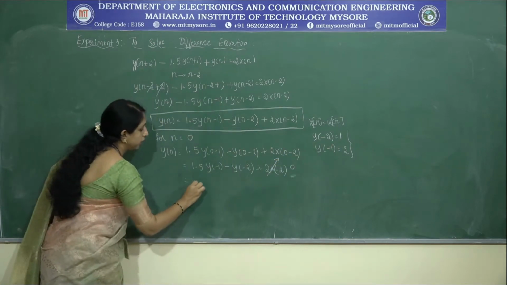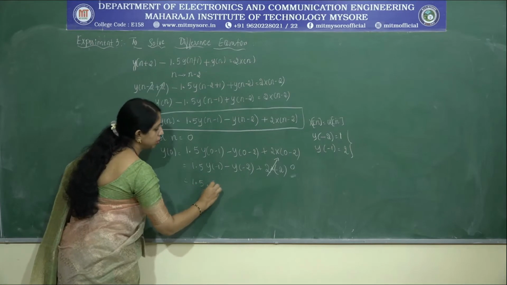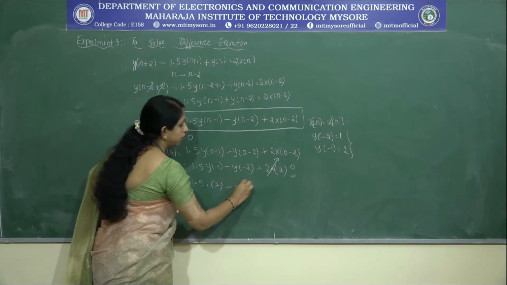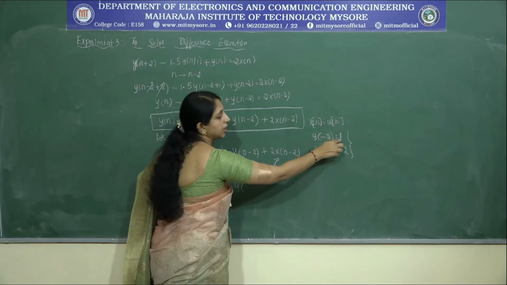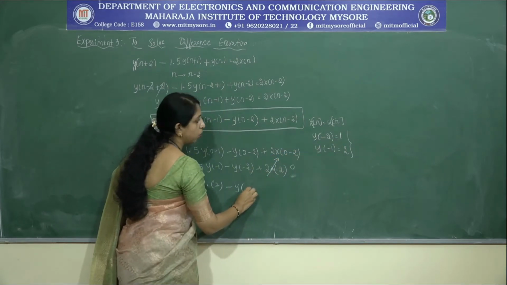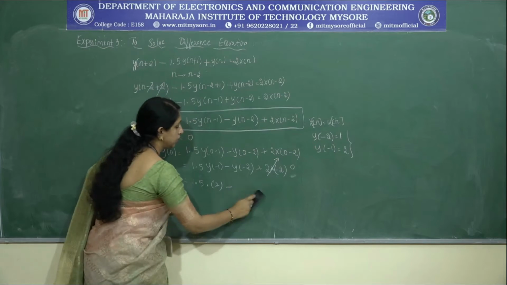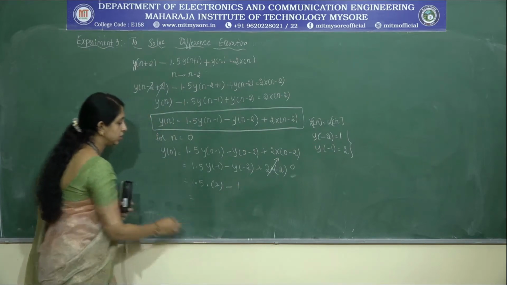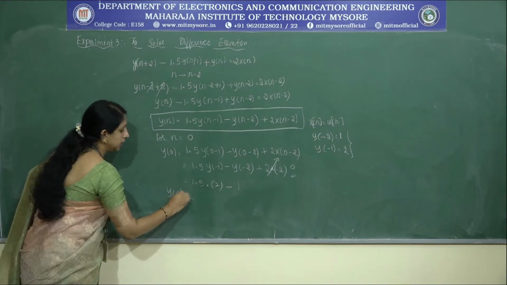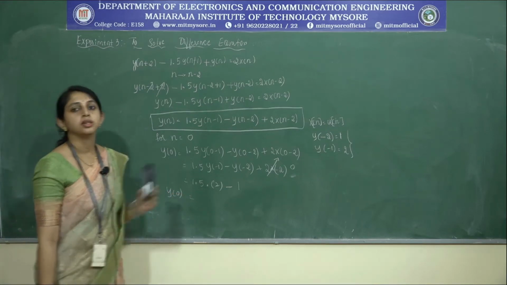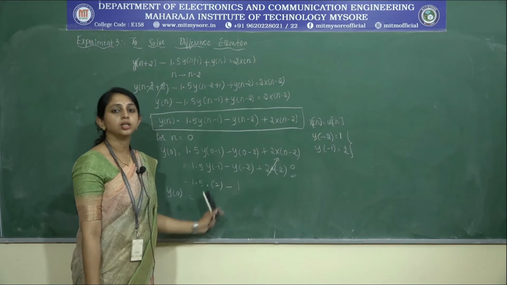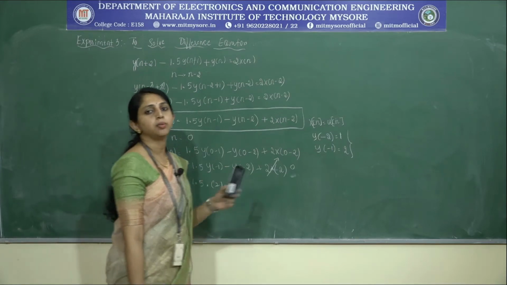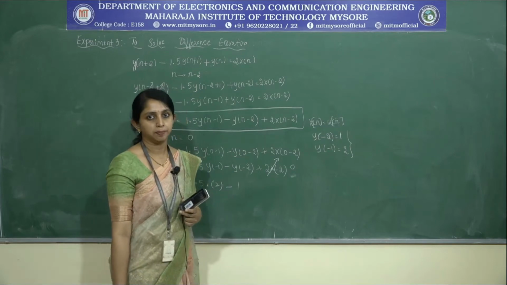Write that: 1.5 into 2 minus y of minus 2. y of minus 2 is taken as 1. So now multiply these two, simplify this and get the value of y of 0. Similarly, you can calculate this difference equation for different values of small n.